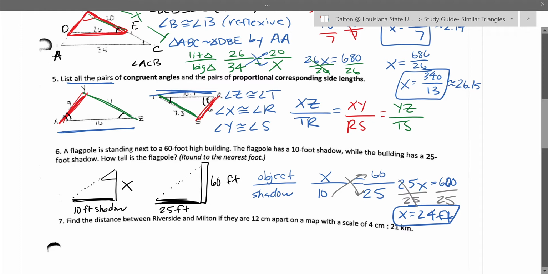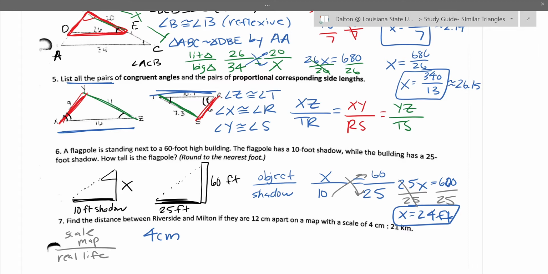We're comparing the scale that's on a map to real life. So let that be your ratio, the scale that's on the map to real life. So one of the scales that's on the map is 4 centimeters. Now, it's saying they're 12 centimeters apart on the map.